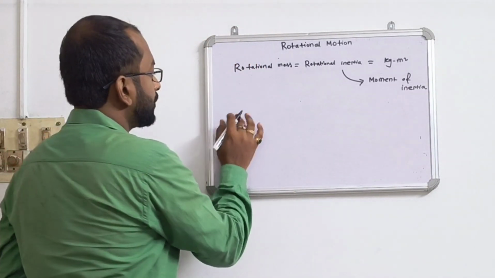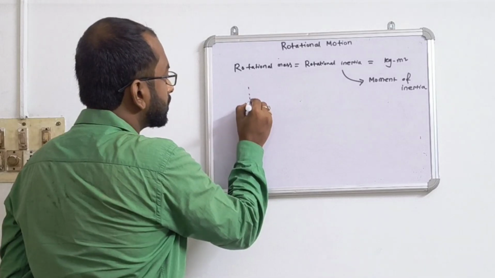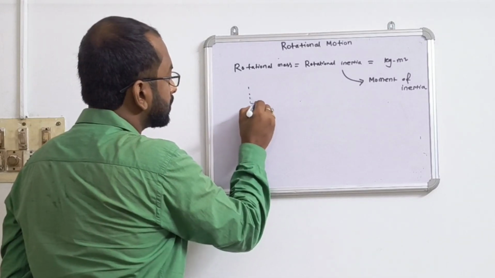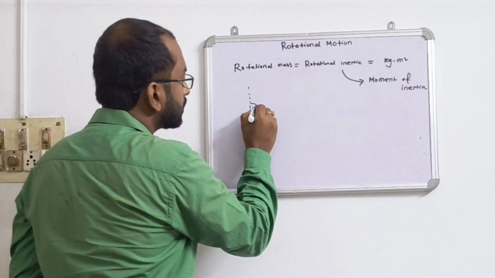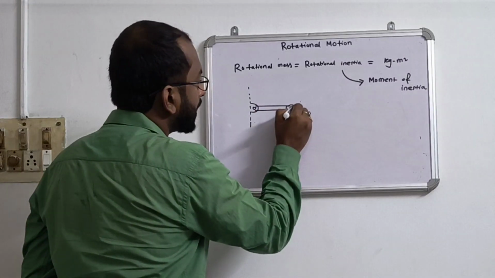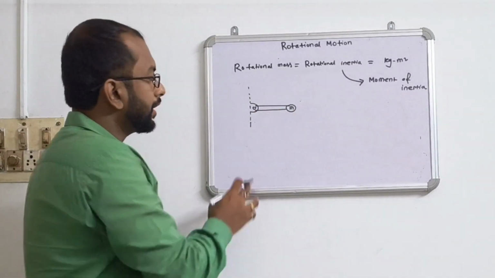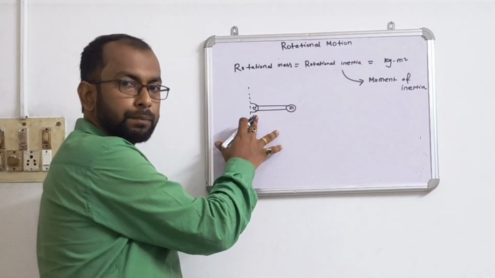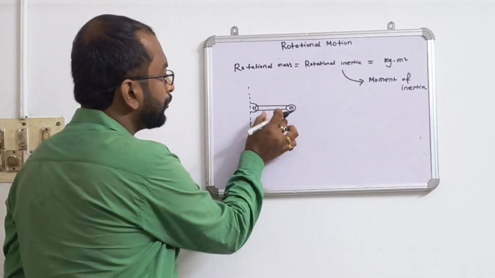Now what is moment of inertia? As I told, suppose one mass M is there, connected with this pivot point or the center point of the rotation with a massless rod.